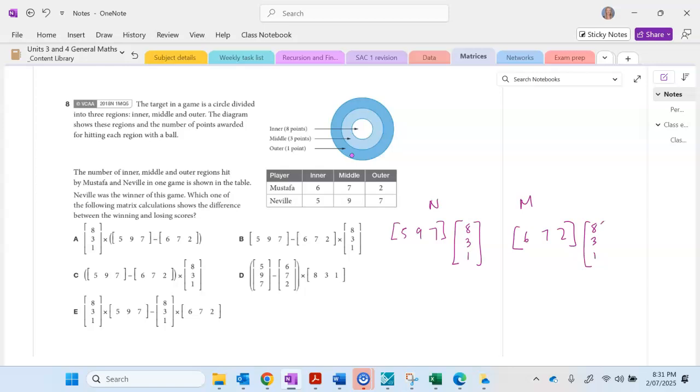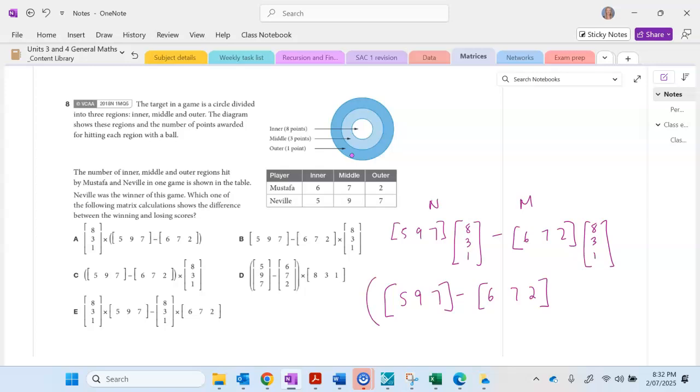Now I doubt that is one of the options. So let's see what actually will give us the same thing as that. What we've got in common is the 8, 3, 1 matrix, and we're subtracting them. So if we take out the 8, 3, 1 as a common factor, and the order does matter, I'm going to do 5, 9, 7 minus 6, 7, 2.